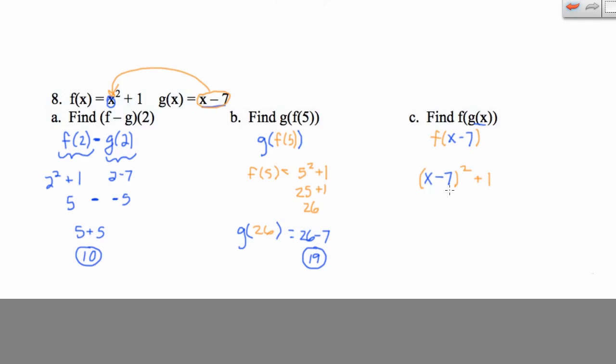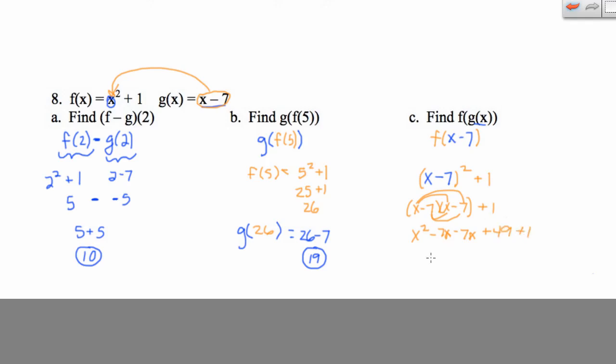Remember when you have x minus 7 squared, you have to do x minus 7 times itself. So then I need to FOIL or distribute: x squared minus 7x minus 7x plus 49, and then I still have my plus 1 down here.